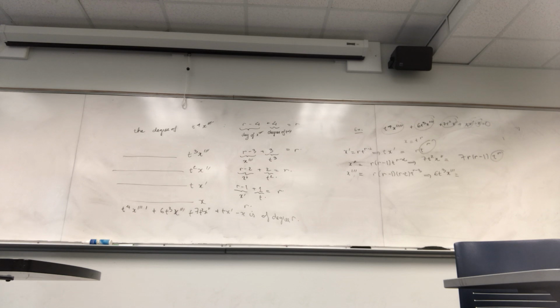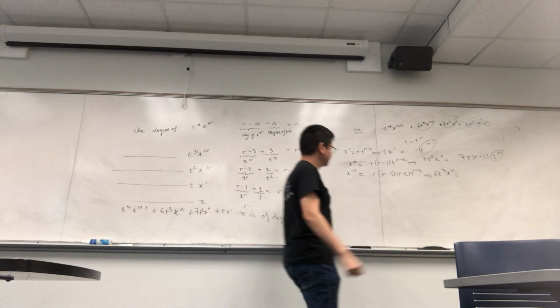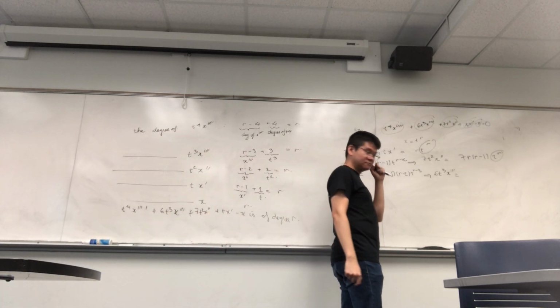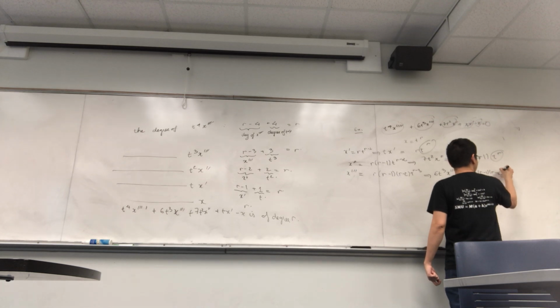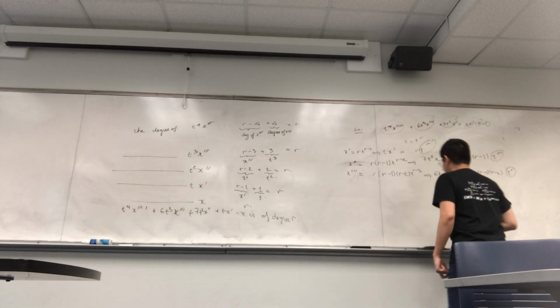It will be r times (r minus 1) times (r minus 2) times t to the r minus 3. So this gives me t cubed times the third derivative of x. What is t cubed times the third derivative of x? It will be r times (r minus 1) times (r minus 2) times t to the r. So 6 times that is 6, r times (r minus 1), (r minus 2), t to the r. Alright?